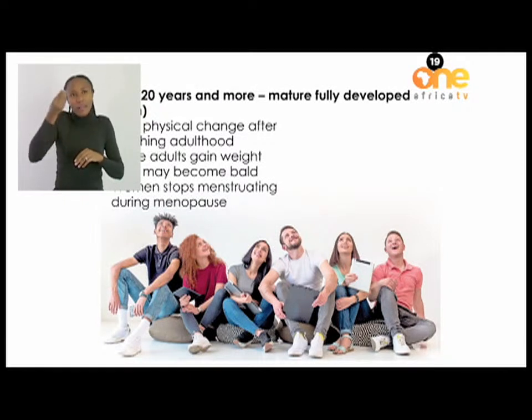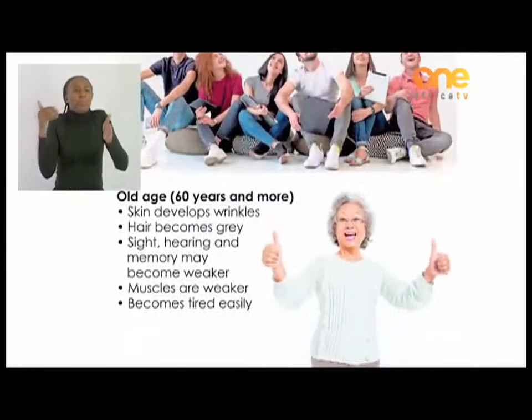The only thing that normally changes is the body size, either becoming bigger or a little bit smaller. Okay? Men may become bald, and at some stage women stop menstruating during menopause. Some of these things we are going to learn about in more depth as time goes.